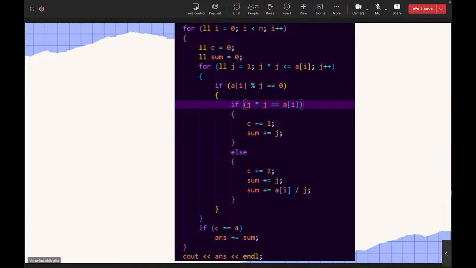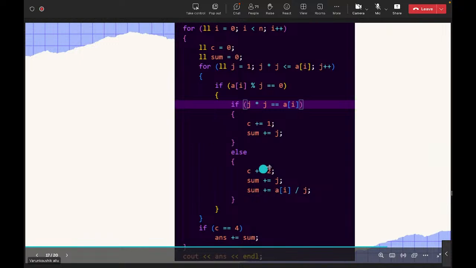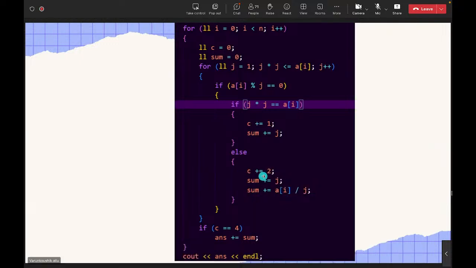Then when we come to the new element, c becomes 0 again, sum becomes 0 again. If c equal to 0, there will be one. Let's say we continue to this: c plus equal to 2, sum plus equal to j, sum plus equal to A of i by j. This gives the sum of j comma A of i by j, which are the factors of this A of i. Then if j star j equal to A of i, c plus equal to 1, sum plus equal to j.